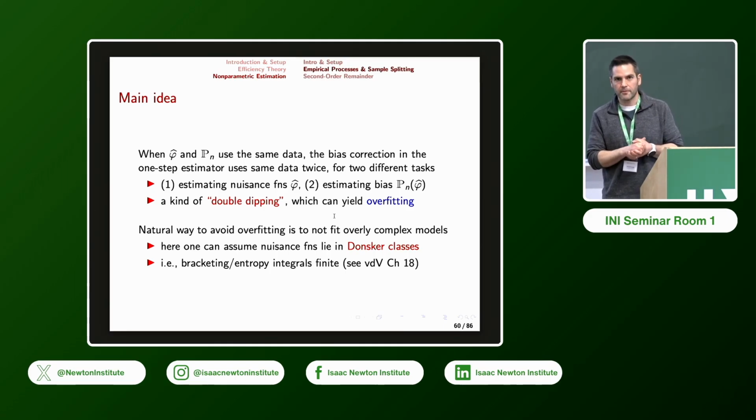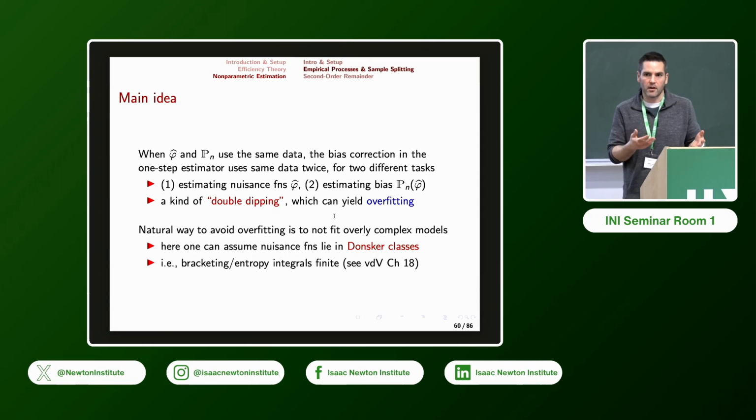They did this not for computational reasons, but because I think the arguments were simple. And then after this initial work, there was a move towards a more empirical process-based analysis of these terms, where people use the same sample twice, once for estimating the nuisances and then once for estimating the parameter.